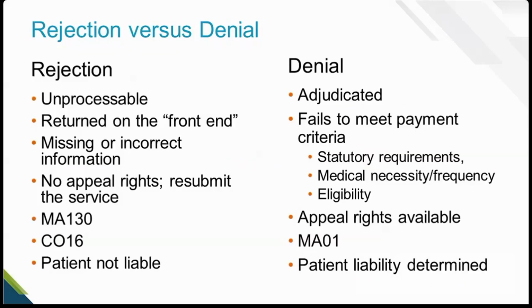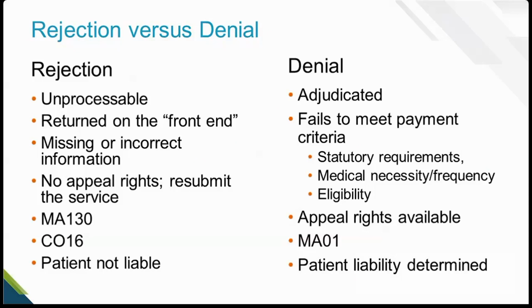So let's take a look at rejections versus denials. As I mentioned, some people even within our division sometimes mix those two up, and it's important that you keep them straight because doing so will let you know what you need to do to make a correction.